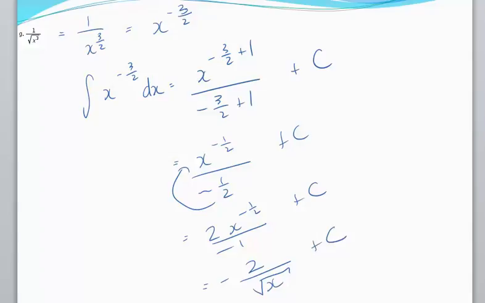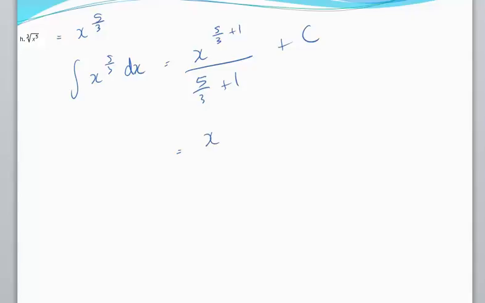Okay, so next, moving on to here, we start by simplifying. So here, x to the power of 5 on 3. So here we integrate this, x to the power of 5 on 3 plus 1 divided by 5 on 3 plus 1 plus our constant c.